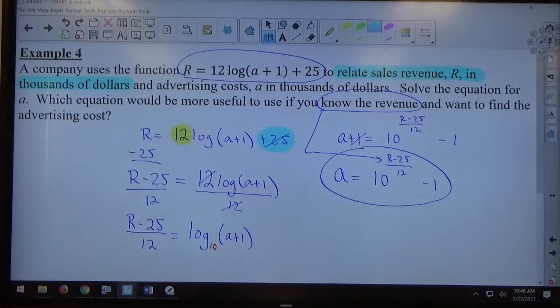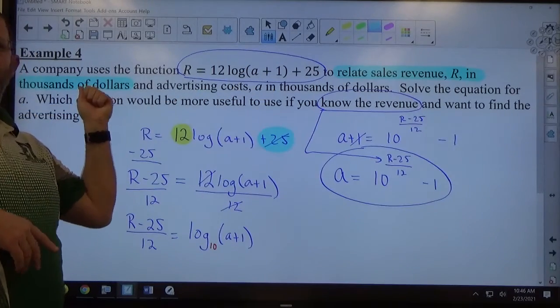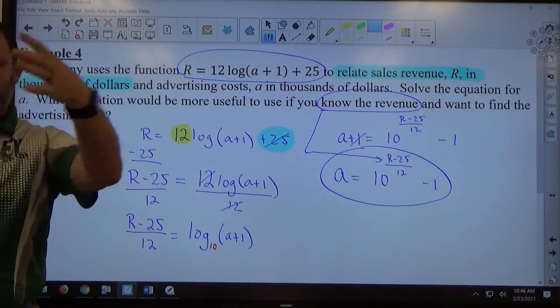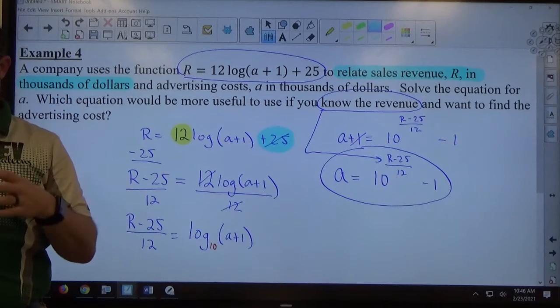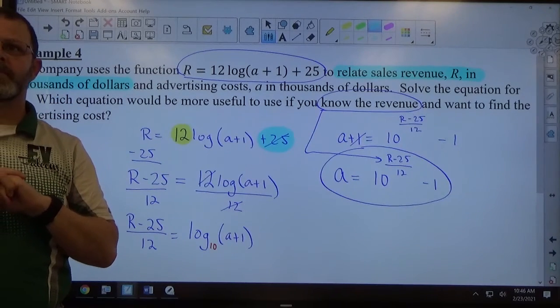So 75, right? r is the revenue in thousands of dollars, so whatever r is, you stick 1,000 after it. So 75 is r. That means $75,000 is revenue.